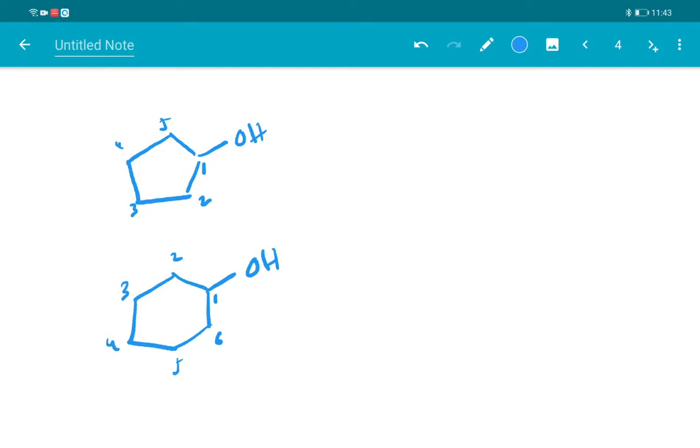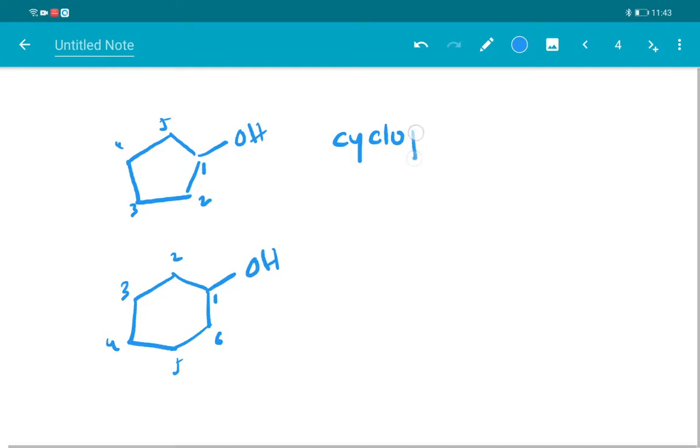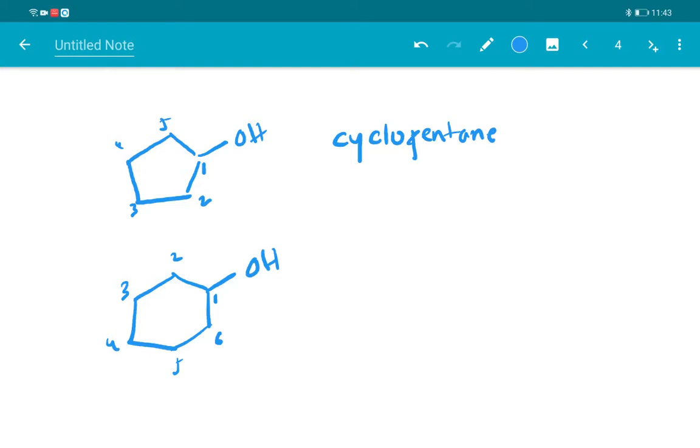For cyclic, remember that we need to put the prefix of cyclo at the front. So gelang ni ada 5 carbon, it will become cyclopentane. While for the below structure ni, it will become cyclo, 6 carbon is hexane.